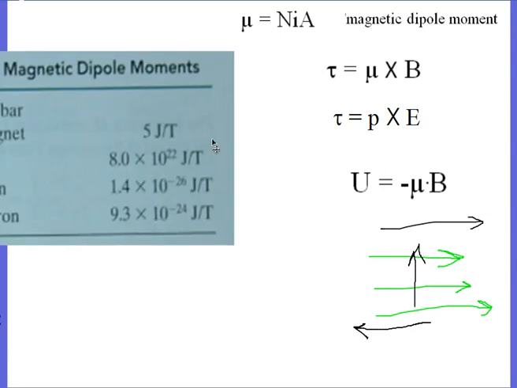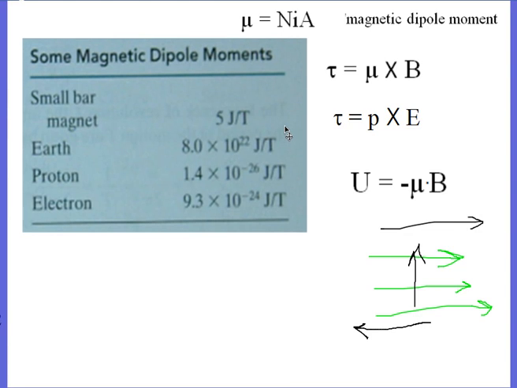Here is a little table from the book looking at the dipole moment of a small magnet, joules per Tesla. The dipole moment of the Earth. Whoa, that's a big number.